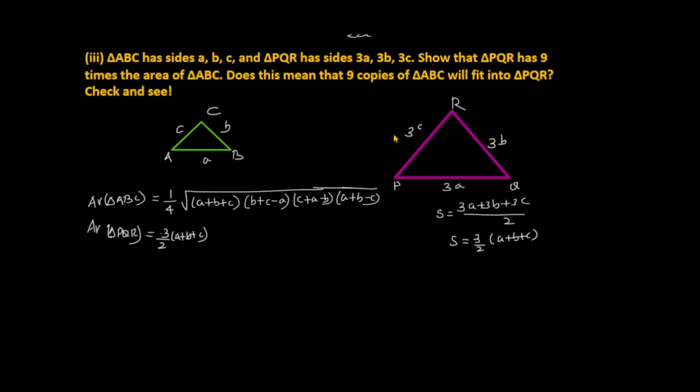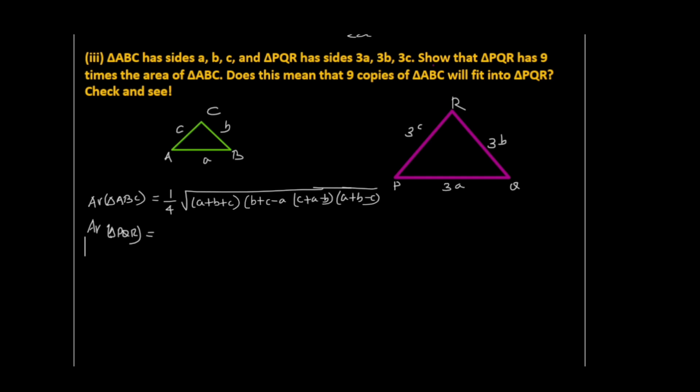Otherwise, we can keep the semi-perimeter as it is. Then the calculation is easy. No need to take 3 by 2 outside. Keep the semi-perimeter as it is, then easily we can calculate the area.